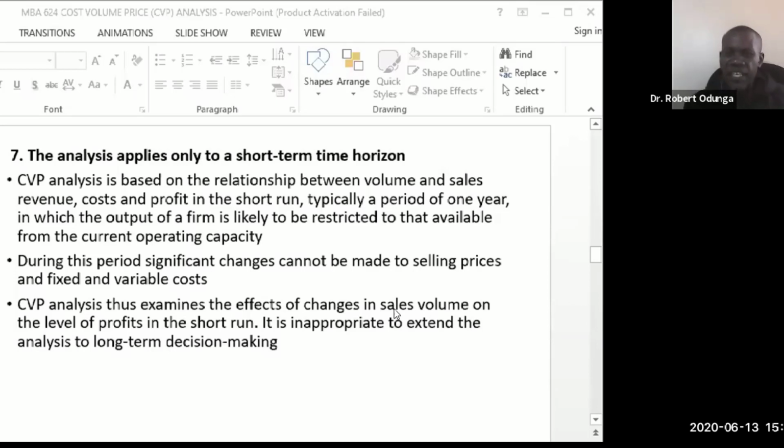All right, because there are things that you cannot meet, even if you want to produce more, within that period. All right, like if you have to buy more machines. The example we were given was if it's a hospital and they want to increase their bed capacity. That is an issue that cannot be changed or be done in a short period.